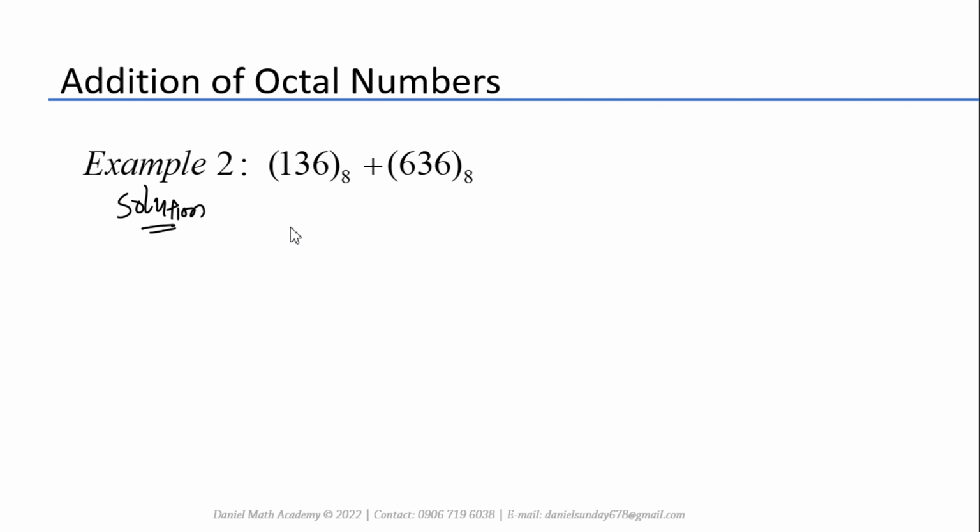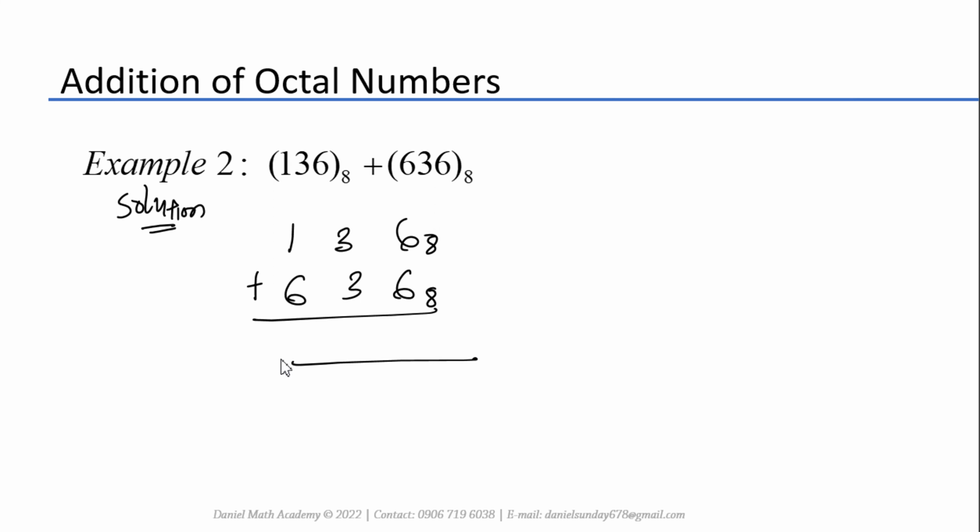First of all, write them out. So this is 136 base 8 plus 636 base 8. We're going to add. Just like we did before, once the result is more than the base, we divide by the base. So 6 plus 6 is 12. 12 divided by 8 gives us 1 remainder 4.